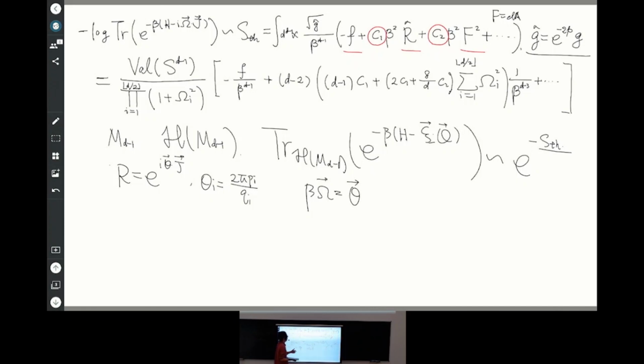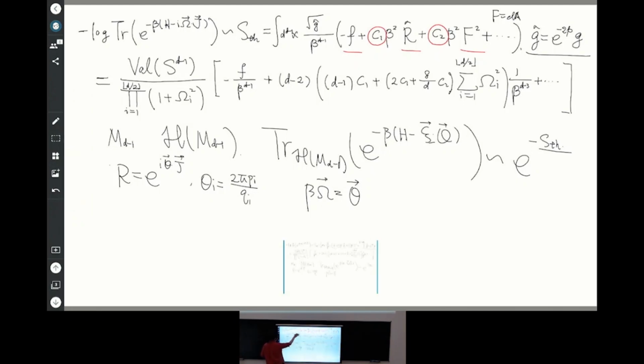Then I can just plug in the expression of omega as theta over beta into this formula, and then I declare victory. Why do I have to spend an extra 20 minutes explaining the twisted partition function with finite angular fugacity? Well, as a matter of fact, if you do this naive substitution, it actually creates a problem.